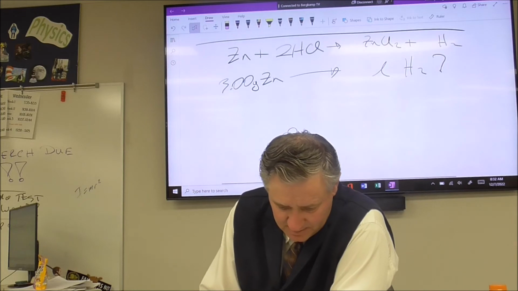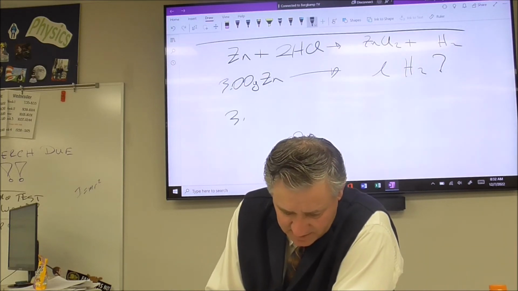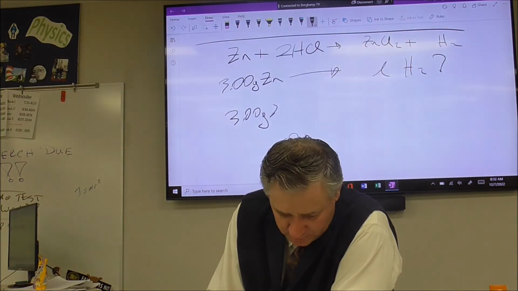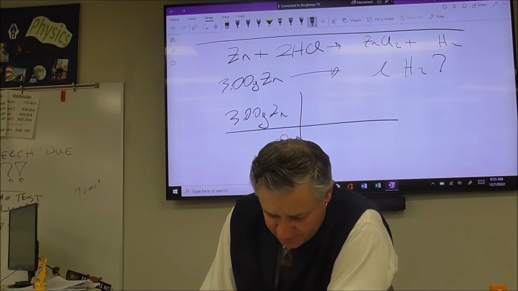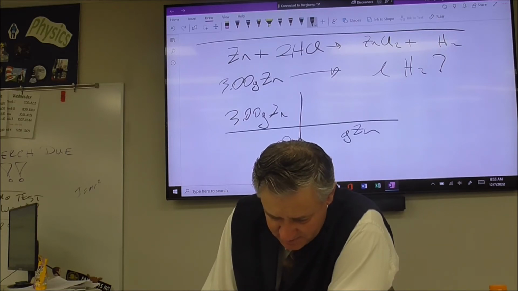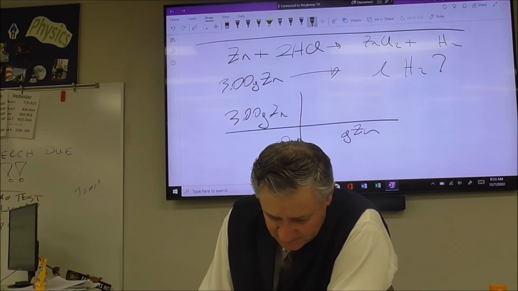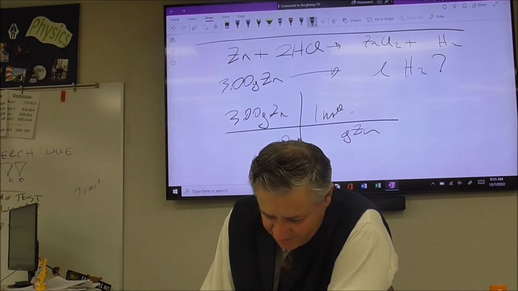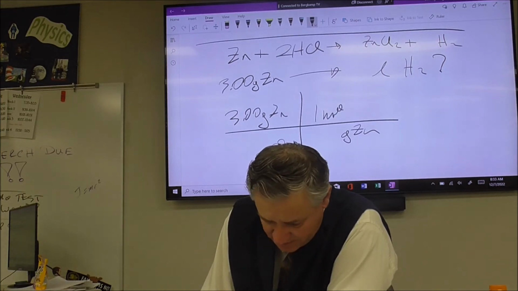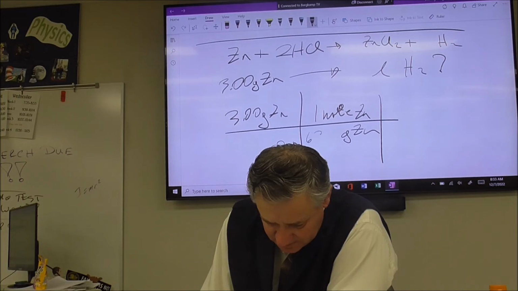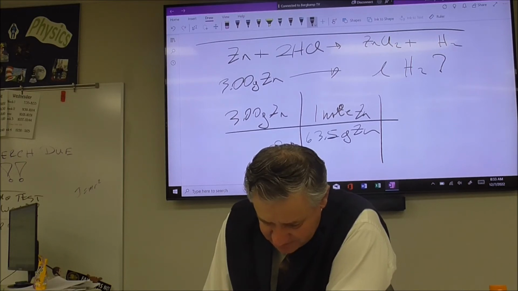Miles said he wants 3 grams of zinc. Cool. So I'm going to put grams of zinc here. Now, that's going to be 1 mole of zinc. So somebody find me the relative atomic mass of zinc. 63.5. 63.5 grams of zinc per 1 mole.